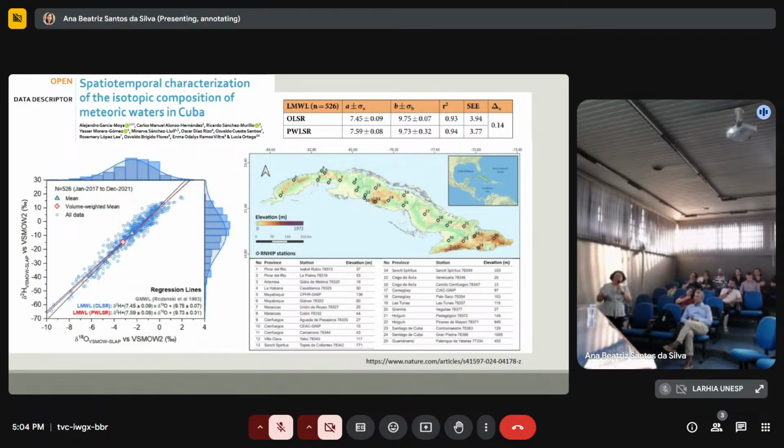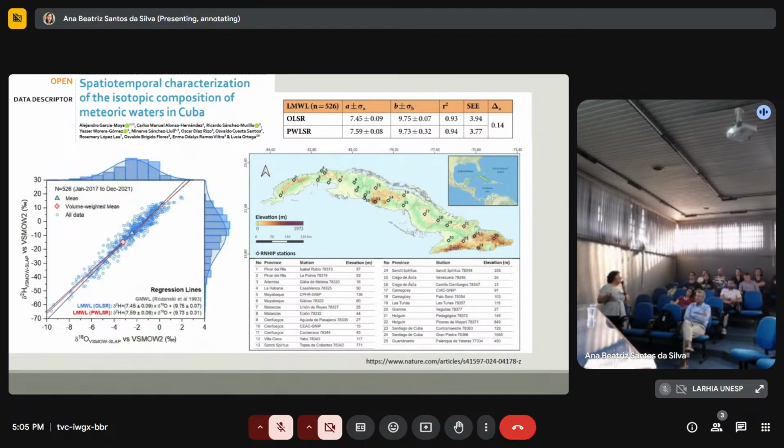This is a very recent paper from Garcia Moya from Cuba, and it's a data descriptor that describes all the isotopic information in Cuba. So for these studies on this island, you have that many stations and regression lines, with both methods.